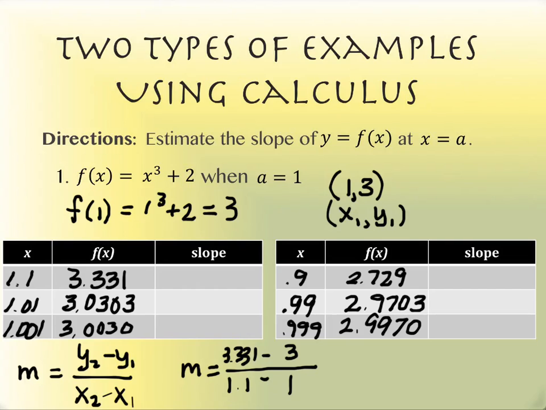Couple of things in your calculator as you're doing this. If your calculator has parentheses, make sure you put the entire numerator in parentheses, and then you do the division and the entire denominator in parentheses. Otherwise, it's going to divide things not the way you wanted it to.